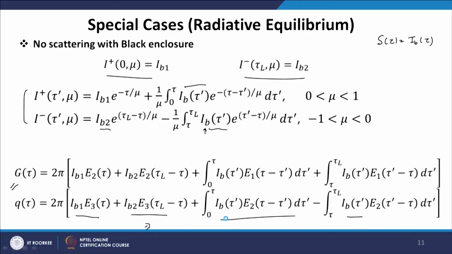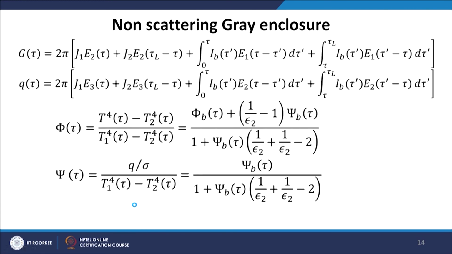Same thing we can do for a non-scattering gray enclosure. For the black non-scattering enclosure, we have intensities IB1 and IB2. If we have a gray enclosure, IB1 and IB2 will just be replaced by the radiosities J1 and J2, the rest of the things remain the same, and we can write down the non-dimensional emissive power and non-dimensional heat flux in terms of black surface values.